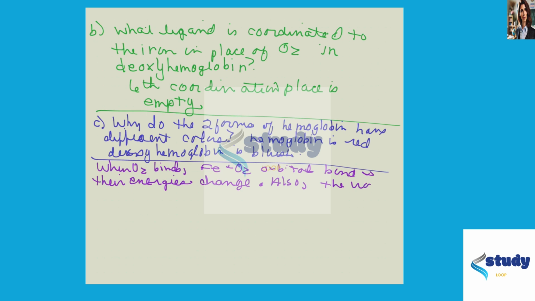The iron changes from 2 plus to 3 plus, and the geometry becomes octahedral.